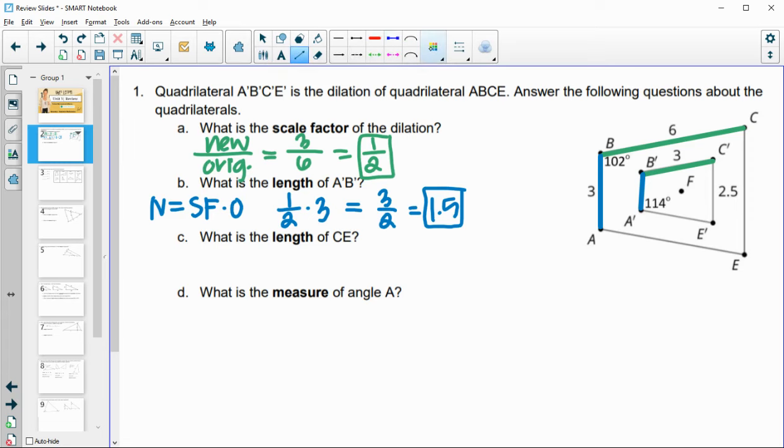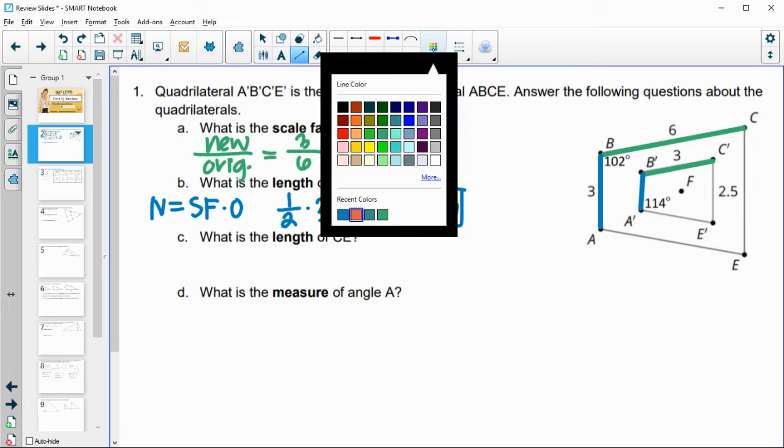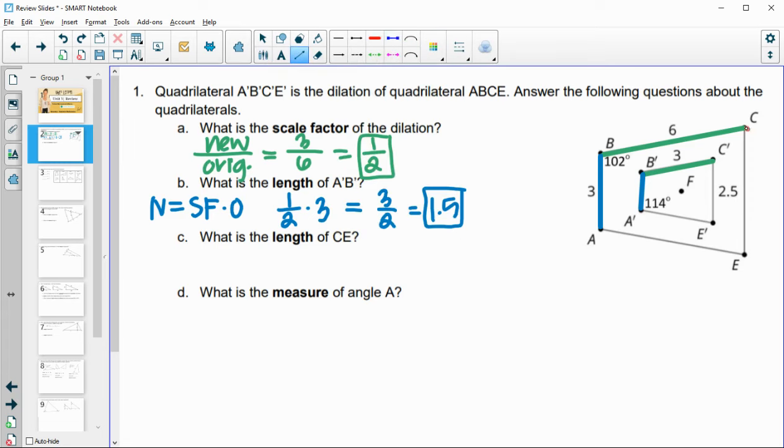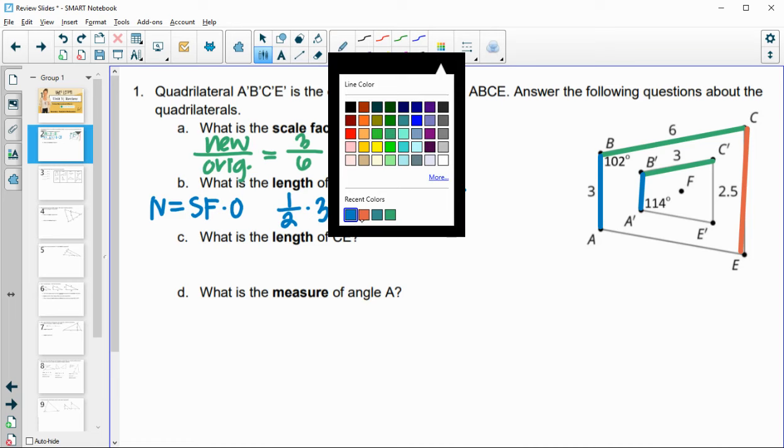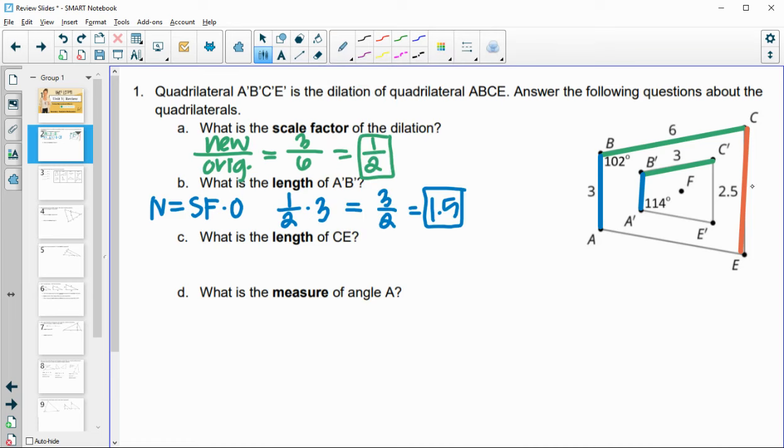Next one asks us for the length of side CE. And so now we're going to be doing this scale factor backwards, since we're looking for the original length. And so you can write it out with this equation if you want. But now we know the new length.